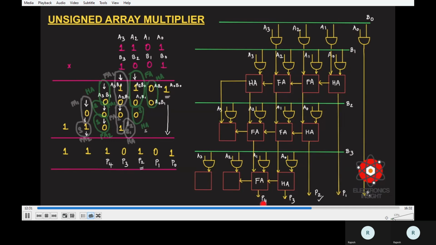So you have to verify each stage, the corresponding P bit and its diagrammatical representation in the hardware. In the hardware, we are just writing in the box whether it is a half adder or a full adder.